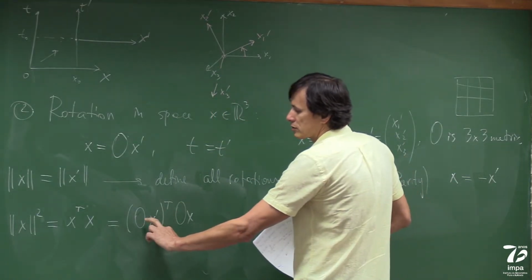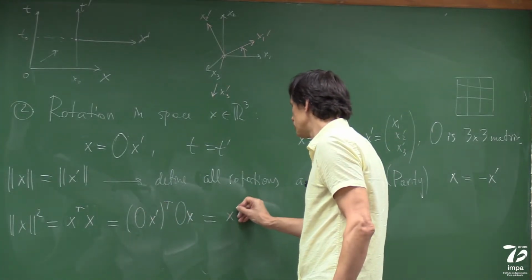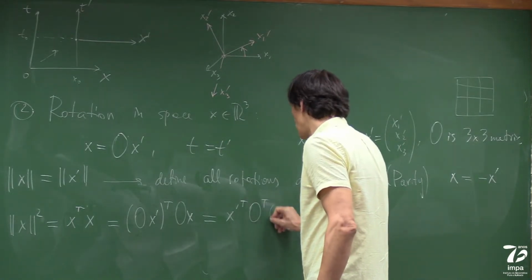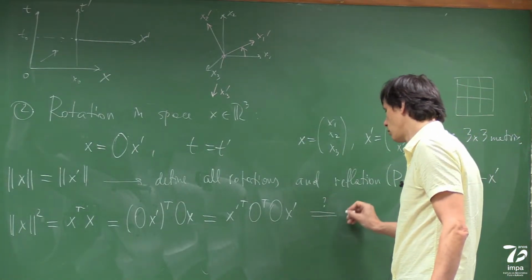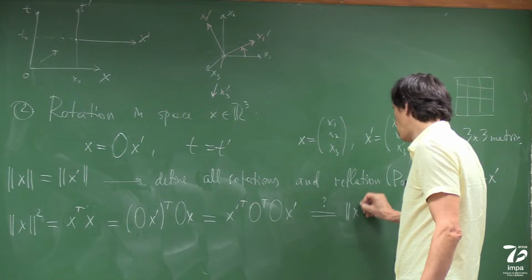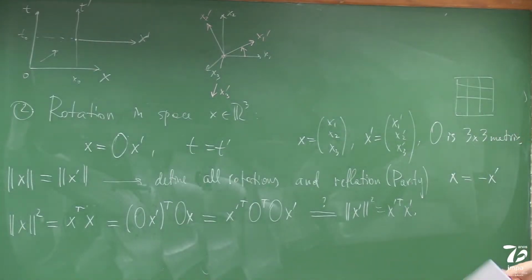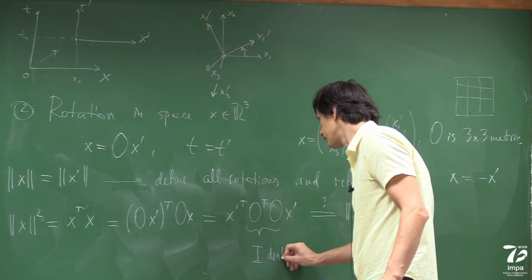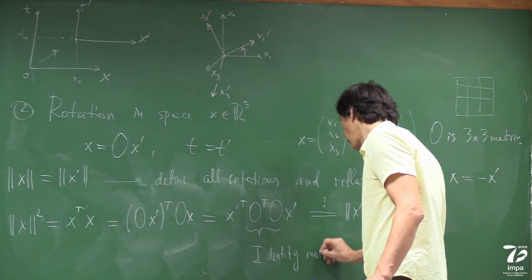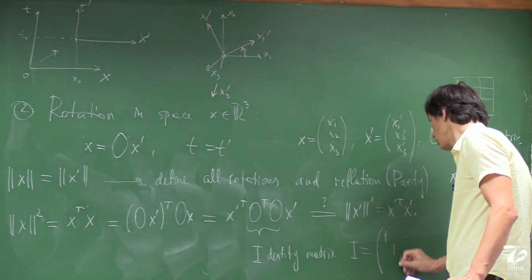The transposition of a product is transposing every component and putting them in the inverse sequence. And this should be equal to the norm of x prime, which is x prime transposed times x prime. And this should be true for any vector, which means that this is only true when this is an identity matrix: 1, 1, 1.